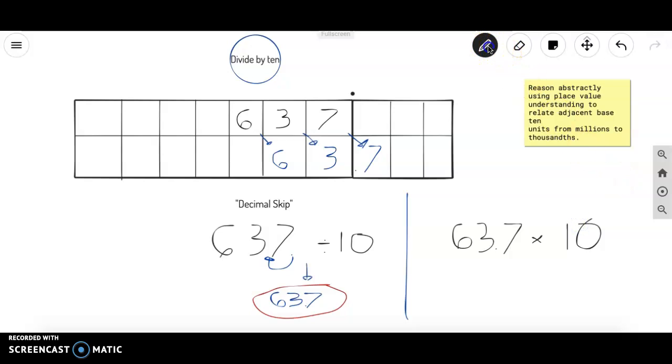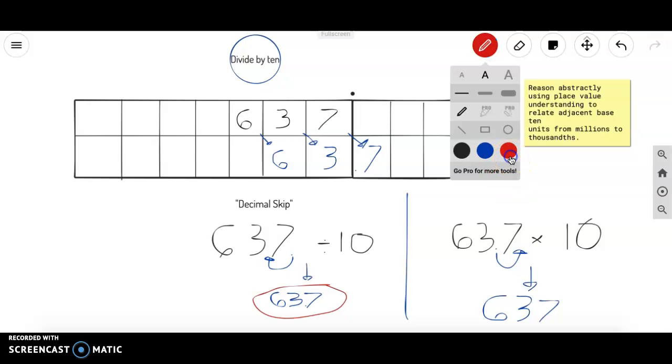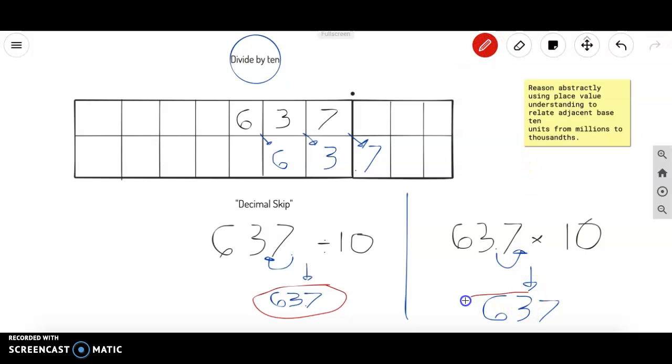I'm going to follow the same idea, but this time my decimal is going to skip one place to the right because there's only one place here that I'm moving. So it now becomes 637. Following the same set of rules, understanding that it can skip either way.